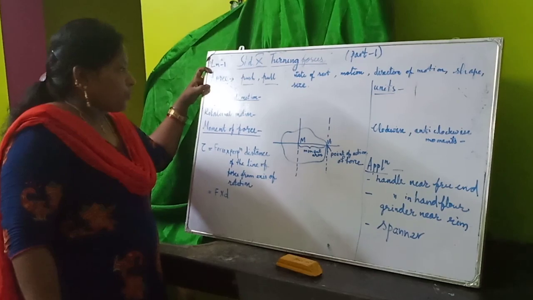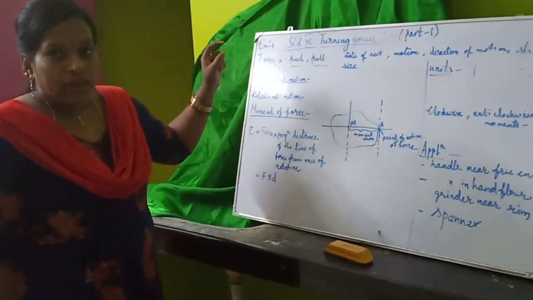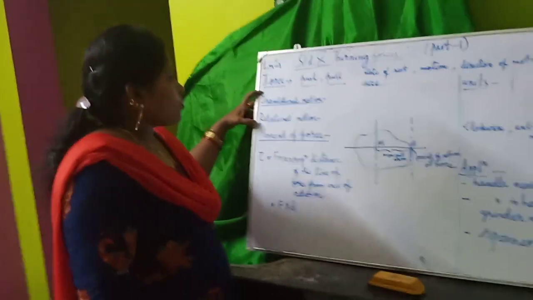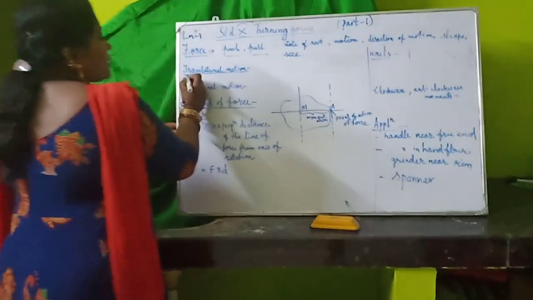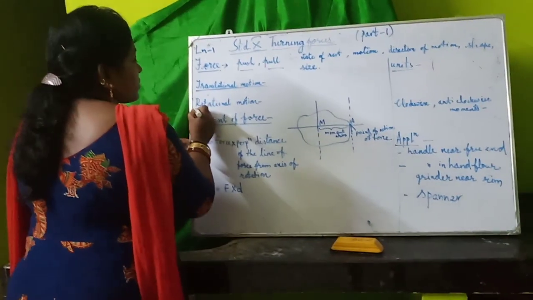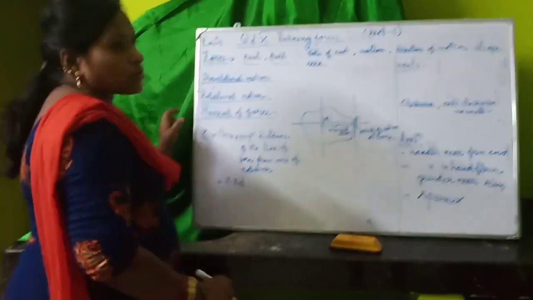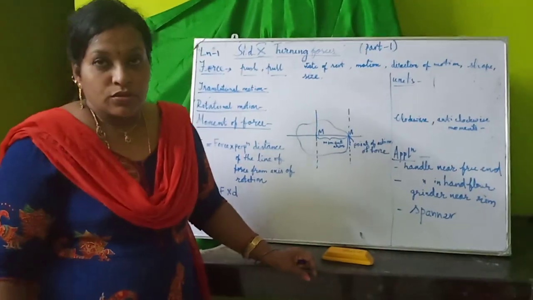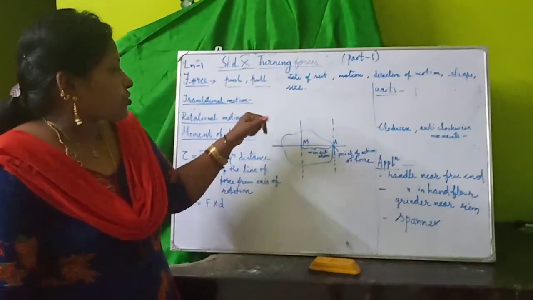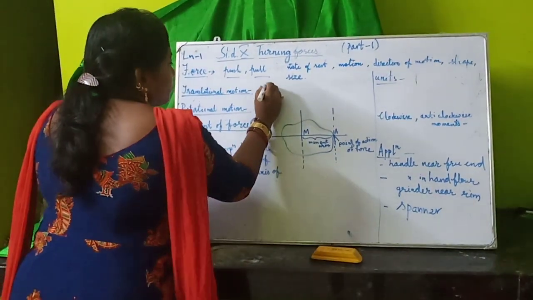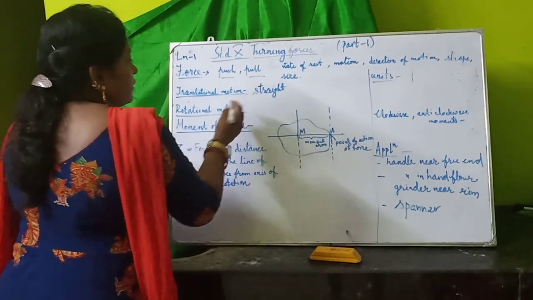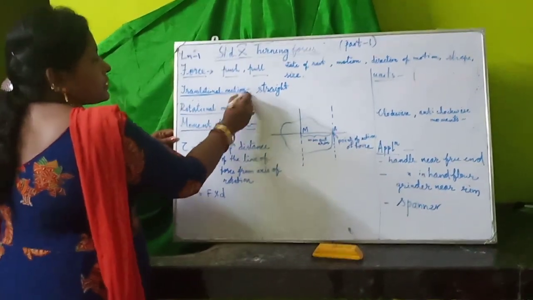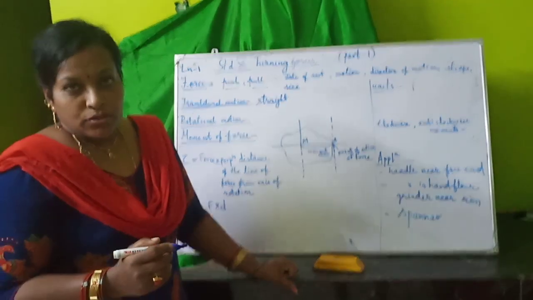So due to the force, if the body is at rest, there are two possible ways of motion. One is known as translational motion, another is known as rotational motion. Under the application of force, if the body is free to move in a straight line, then that motion is known as translational motion.